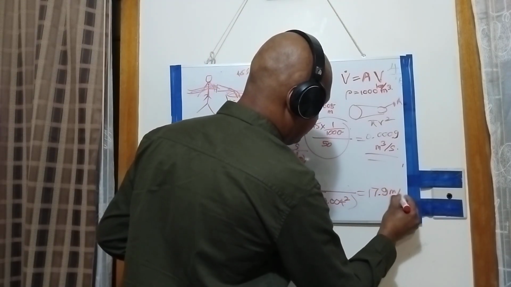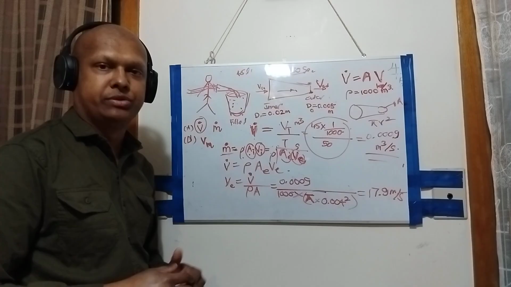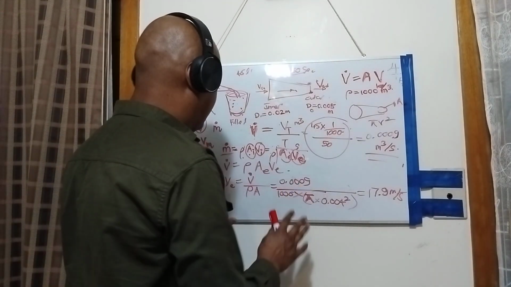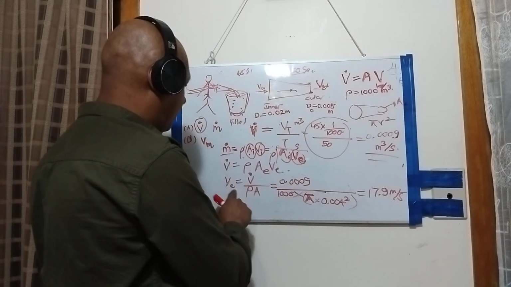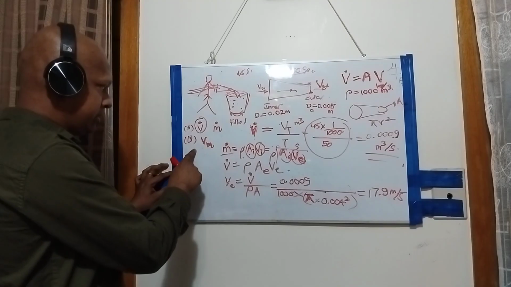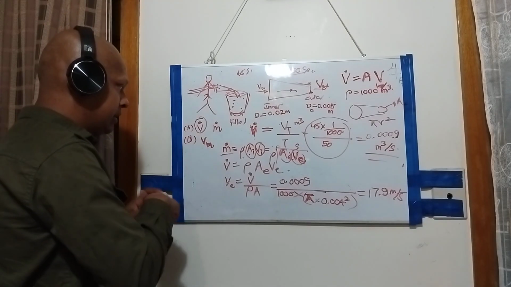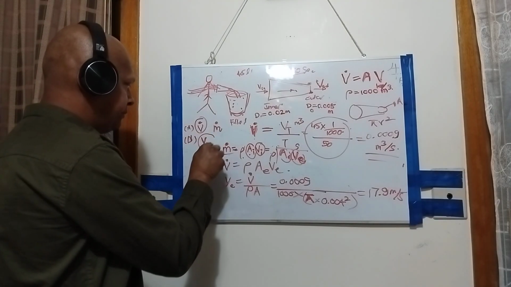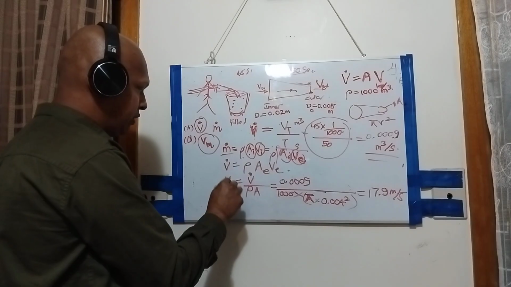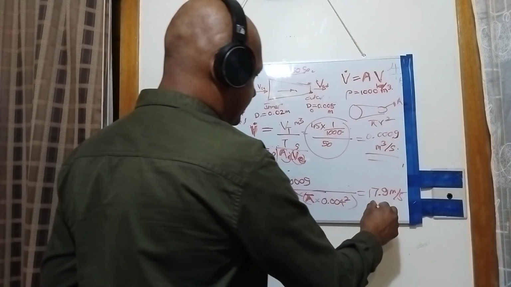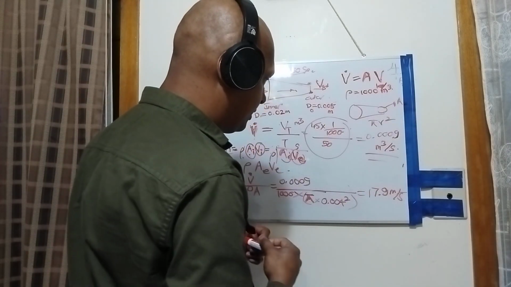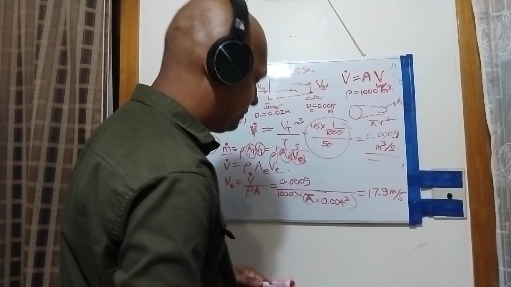So that's what we found in order to find the exit velocity. We found the one velocity, so that's 17.9 meters per second.